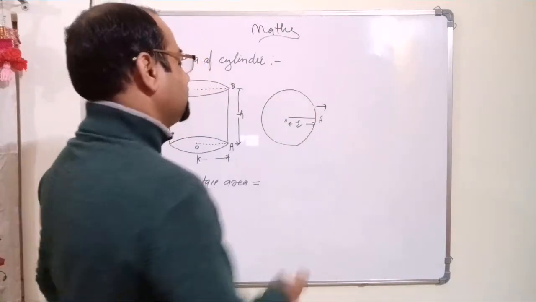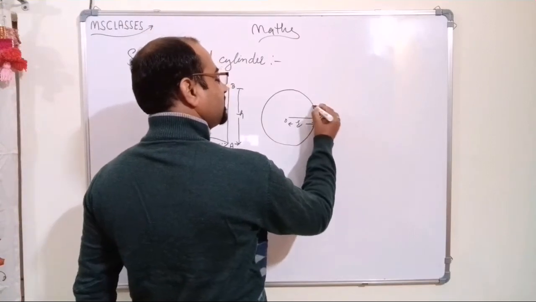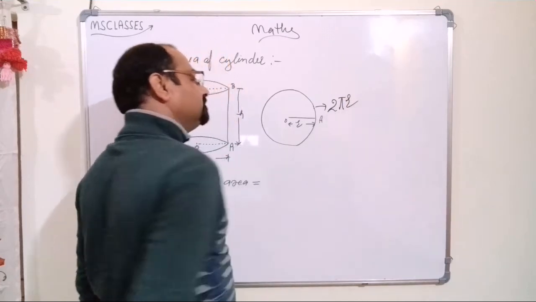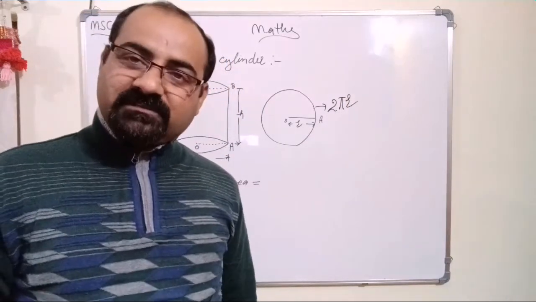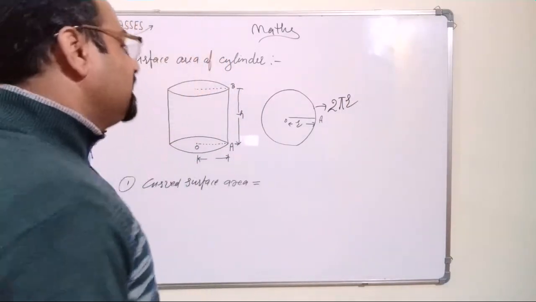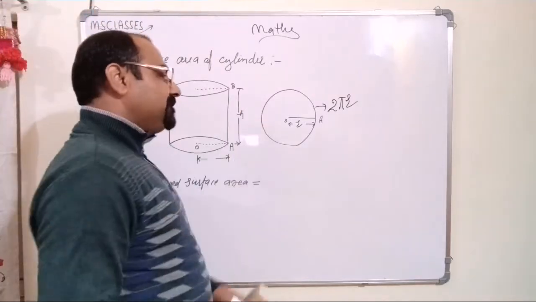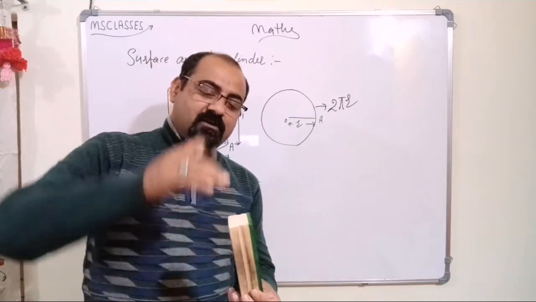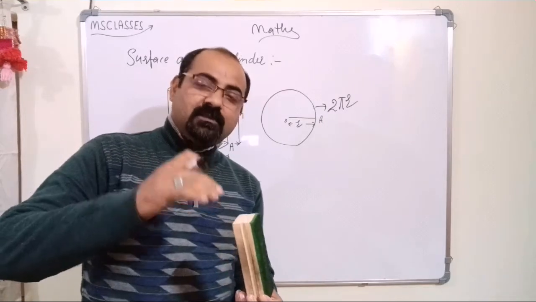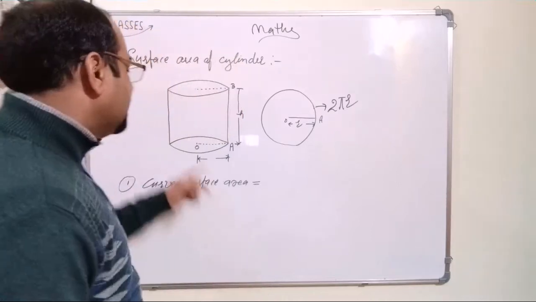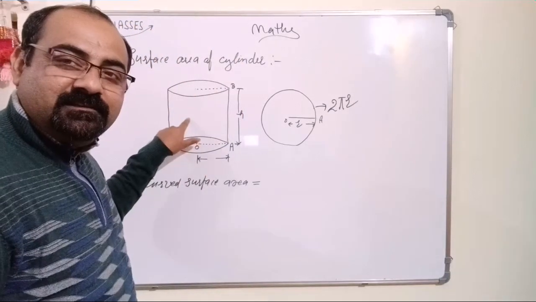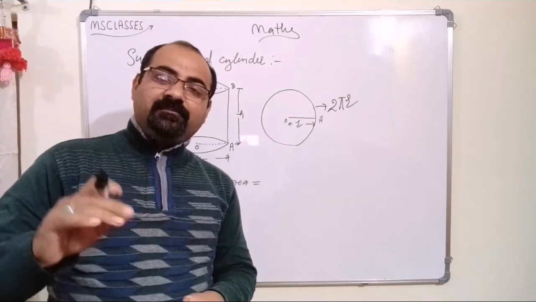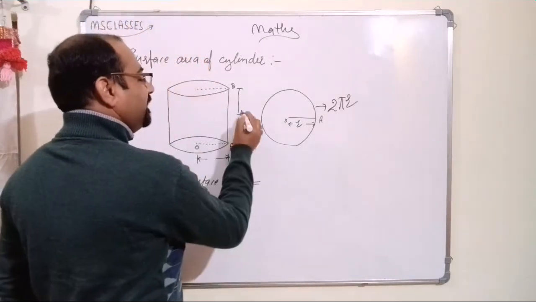We know the circumference of the circle is 2 pi r. And when we put circle on circle one by one, we get a cylinder. Let the circles make a cylinder with height h.